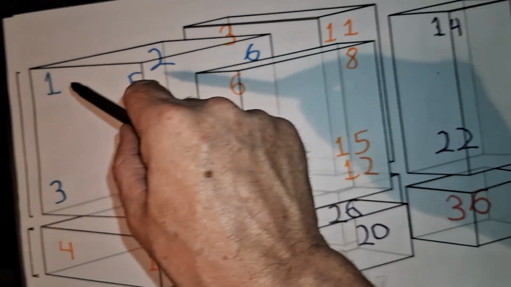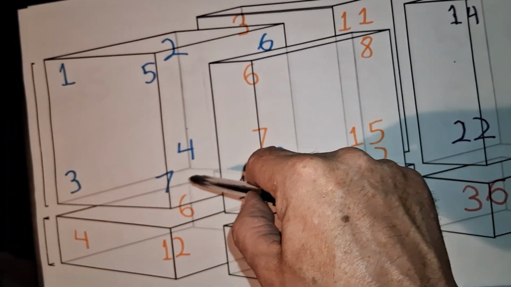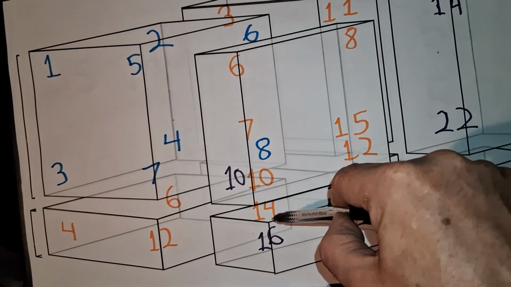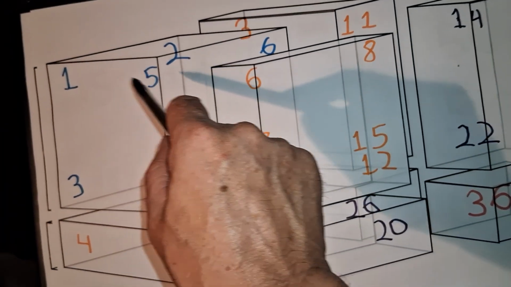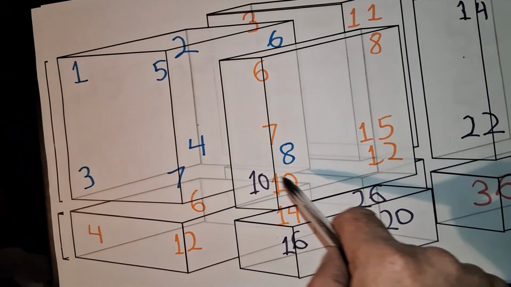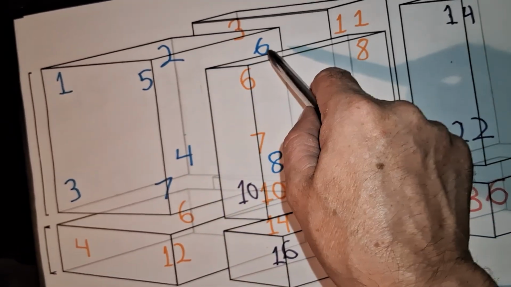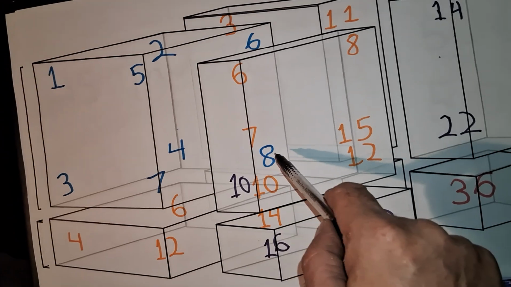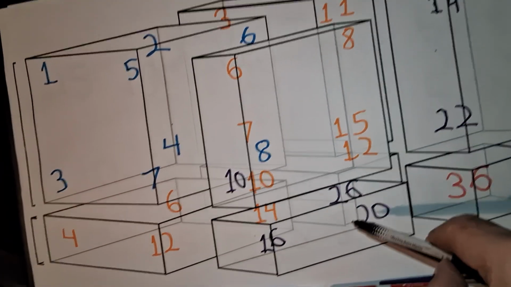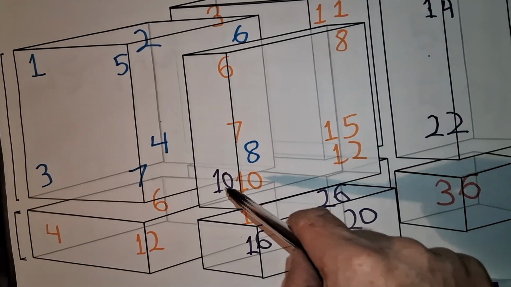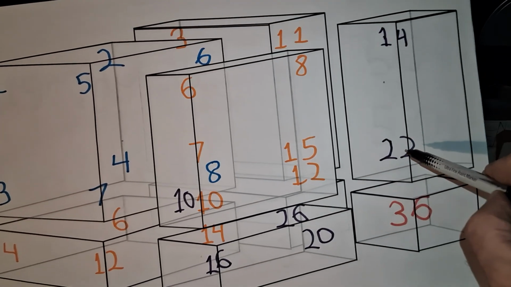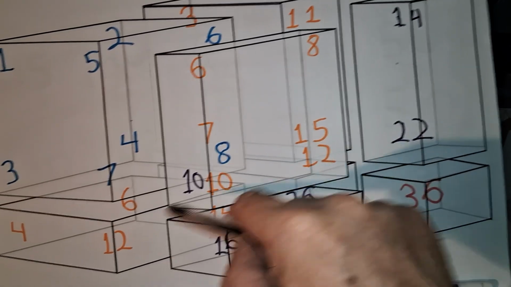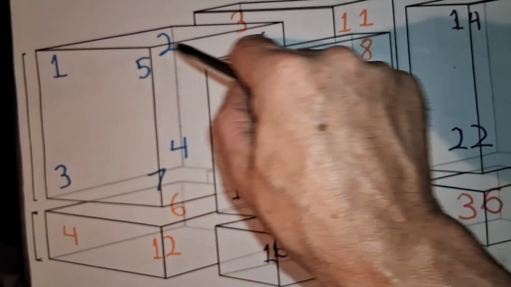But it's also 1 and 3 is 4, 2 and 4 is 6, 5 and 7 is 12, 6 and 8 is 14, and they're also this way. 1 and 5 is 6, 3 and 7 is 10, 2 and 6 is 8, and 4 and 8 is 12, and they all come down here, and they're different: 16 and 20, 10 and 26, 14 and 22, but they all equal 36, and I think that's really wild, because they can all be different too in these columns and in these slabs, and they all can be random numbers here in any order you want.